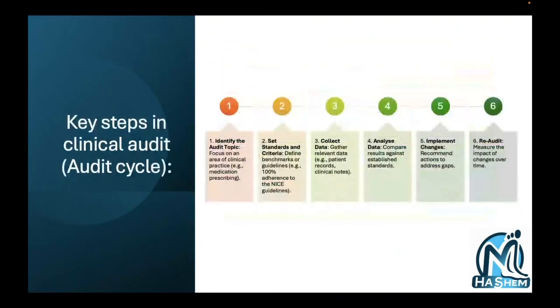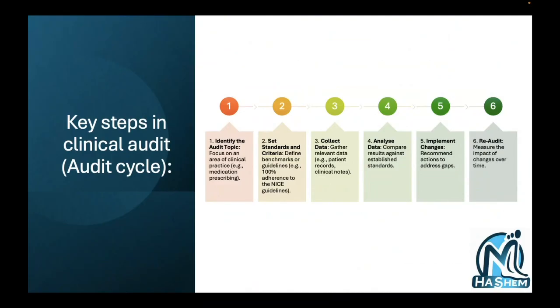Then once you do that, you need to go and re-audit to ensure that you have improved what needs improvement. So the key steps of the audit cycle: first, identify the audit topic. I need to know what part of my practice I need to audit. Number two, I need to know the standard, the criteria I'm going to benchmark against or assess against. Then I need to collect the data about my current practice. So I gather all the data about the point I'm auditing.